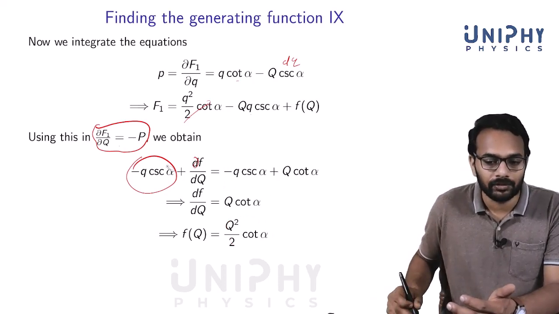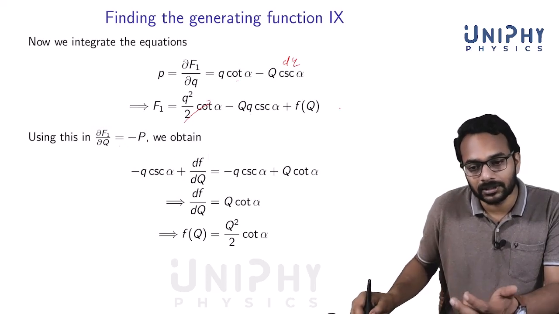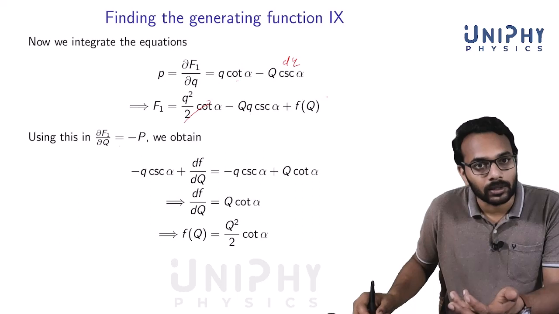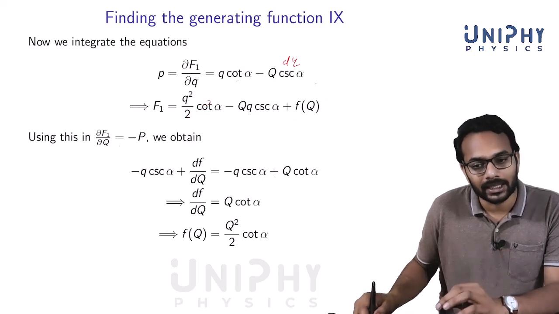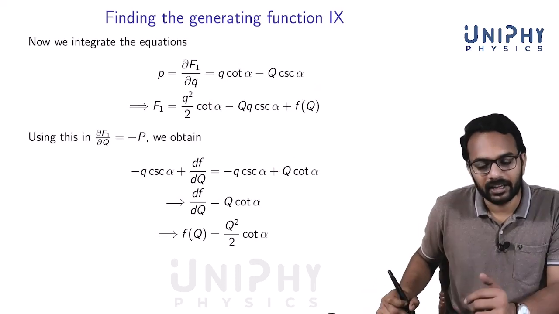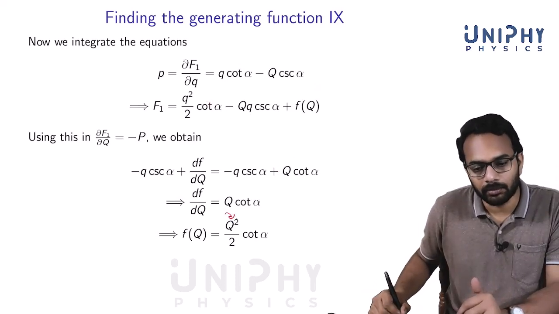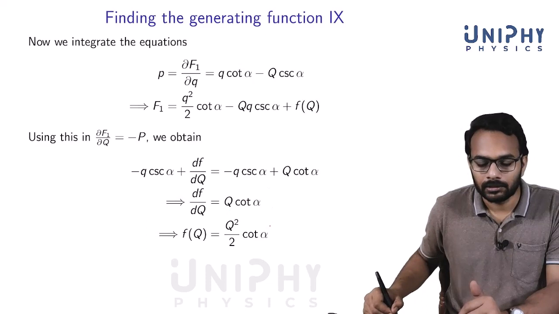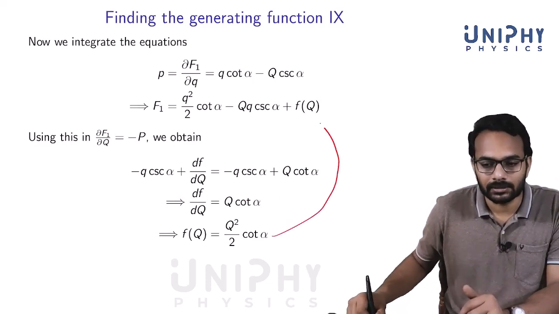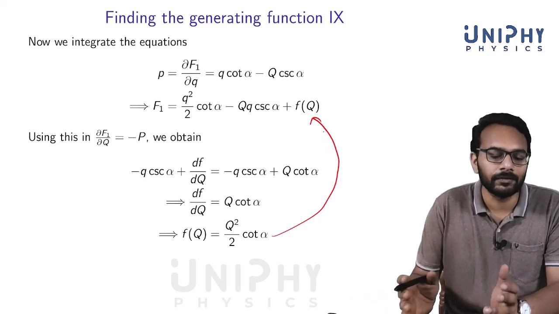Now this is the way we found it. So here, in the previous problem, we could just get rid of this thing and put it equal to 0. In this case, we cannot. So if you do just one integration, you are in danger of missing out this particular term. All right. So f of capital Q here is capital Q square by 2 cot alpha. You just put that back in here, and you have got the generating function.